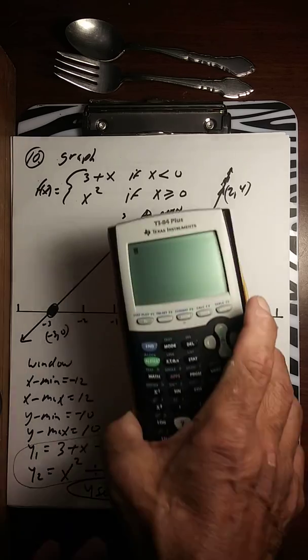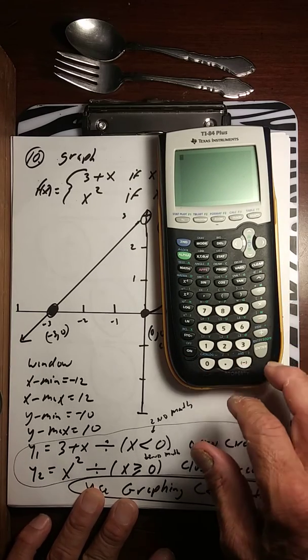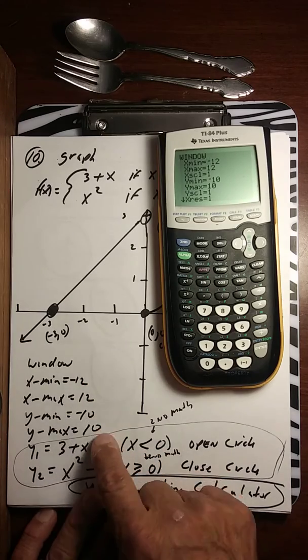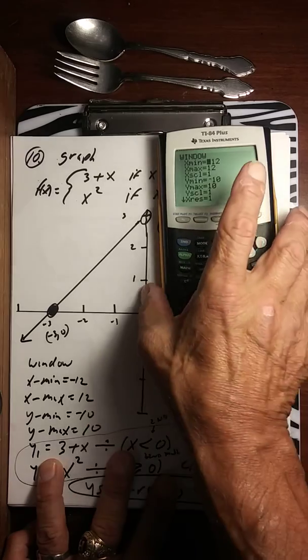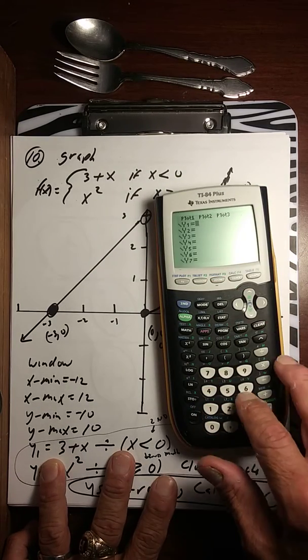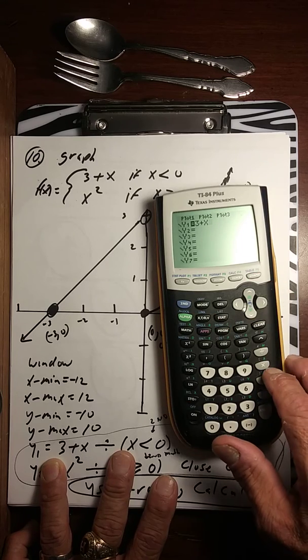So what we'll do is get a calculator. Hopefully you can see this in the shiny light here. We're going to go to Window. It says negative 12, 12, negative 10, 10. Yeah, that's okay. The first equation is y1 equals 3 plus x, division symbol.